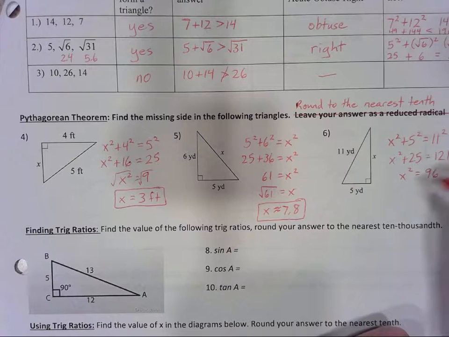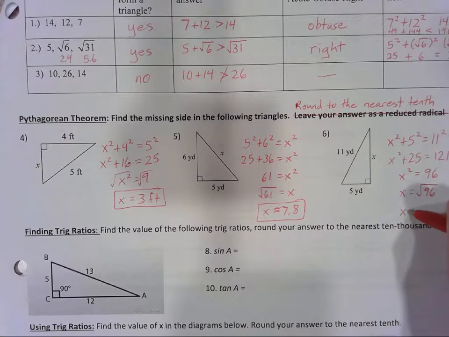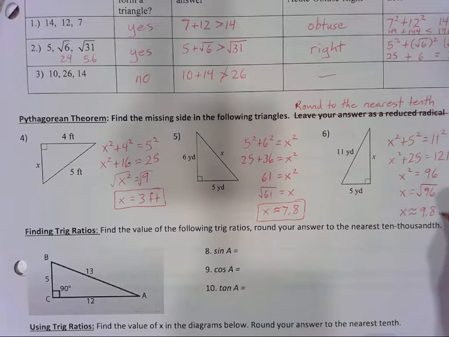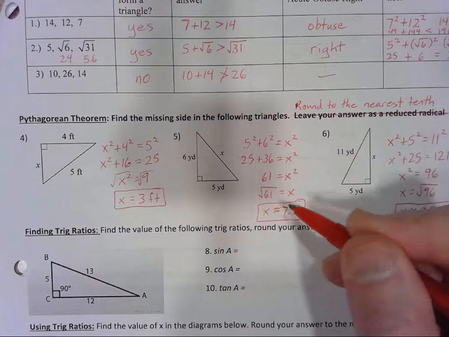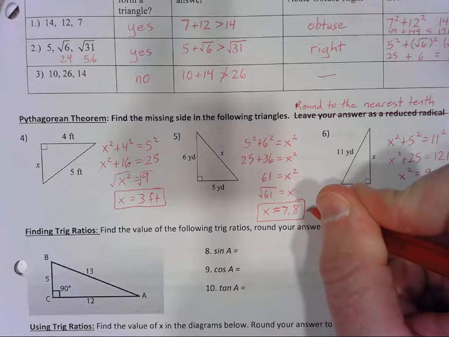And then the square root of 96 to the nearest tenth in the calculator, 9.79, so that rounds up to 9.8. This is in terms of yards. Which reminds me that I forgot to label the previous one. That was also in yards.